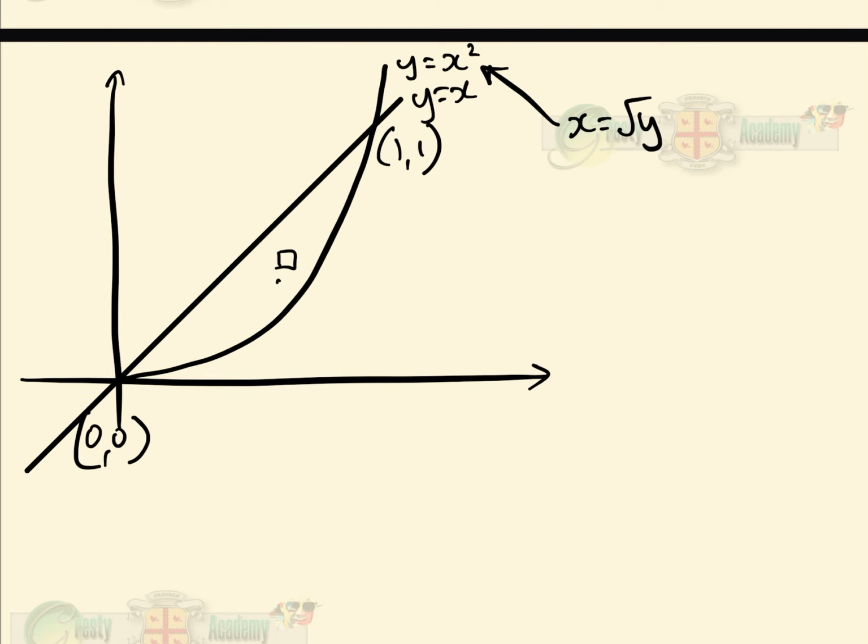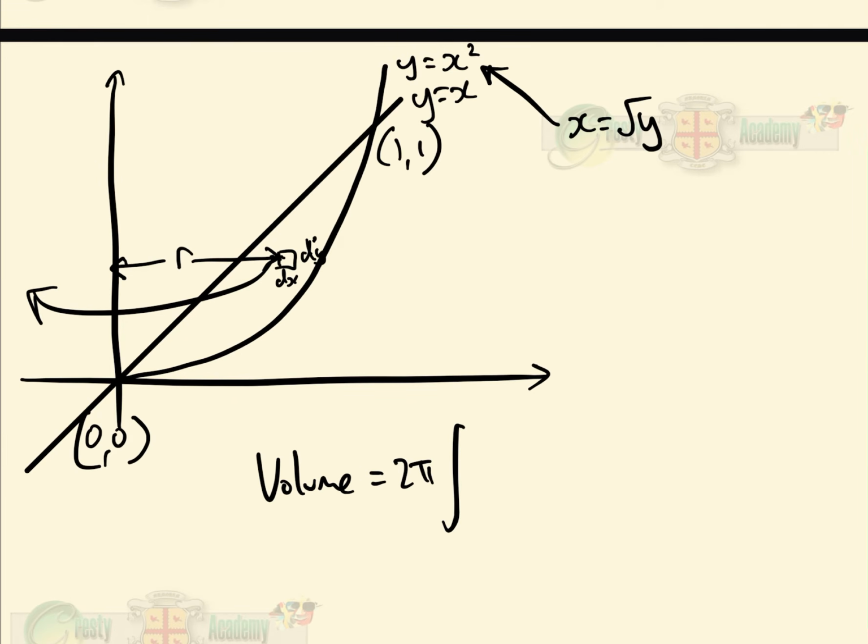And here we have a little dx dy here, but this time we are going to be rotating it around the y-axis, and so this is the radius that we are going to be interested in. Okay, so this time, again, the volume is equal to 2 pi times, now we are going to integrate from y equals 0 to y equals 1.